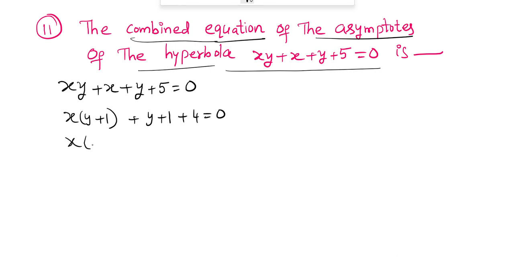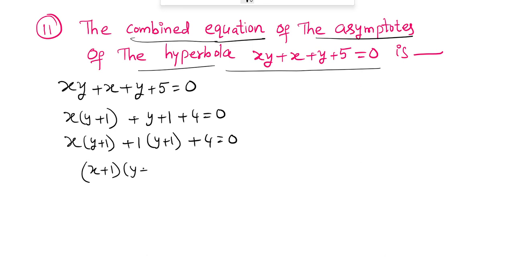Take 1 common in these two, that is y plus 1, plus 4 is equal to 0. So y plus 1 is common: x plus 1 into y plus 1 plus 4 is equal to 0. This is the given hyperbola equation.